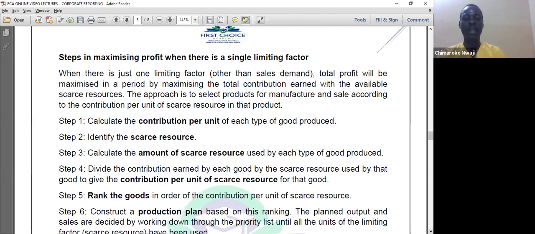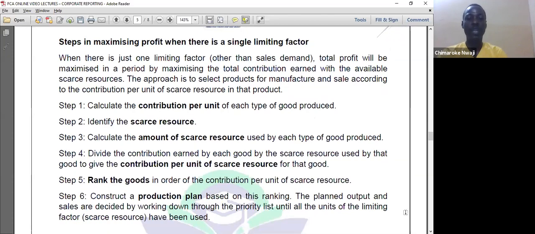Step number 1, calculate the contribution per unit of each type of goods that you are producing. Let's say we are doing cake and bread. How much do you sell a piece of cake? That's the selling price. What is the variable cost for making that bread or cake?